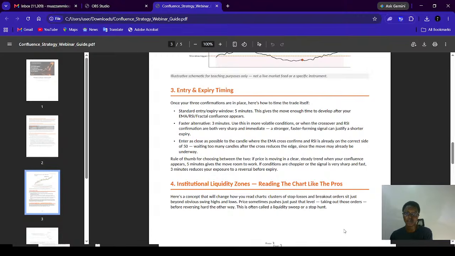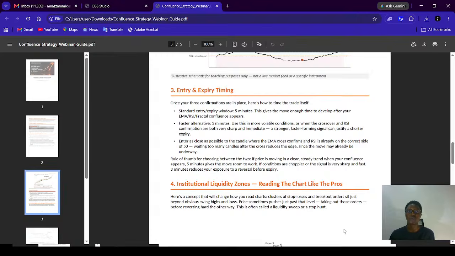Before the market reverses, you have already executed your trade, and you will be able to win your trade before the chart turns against you. You have to enter as close as possible to the candle where the EMA cross confirms and the RSI is already on the correct side of the momentum, either above 50 or below 50.